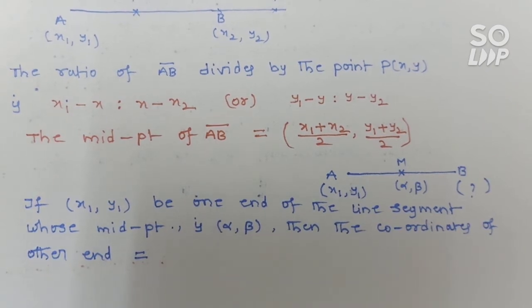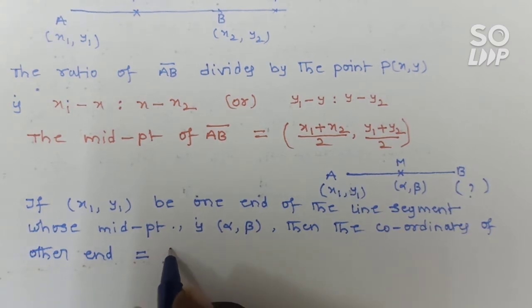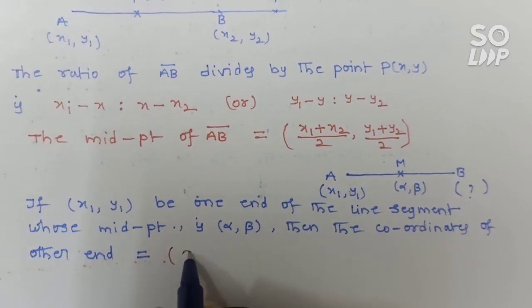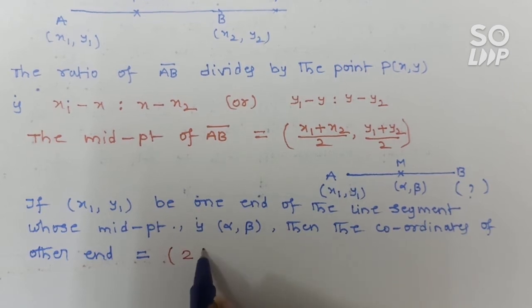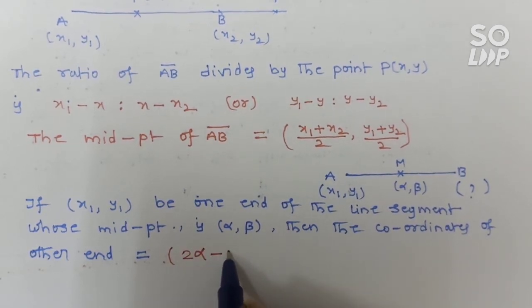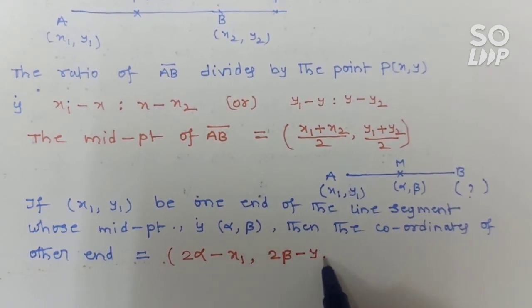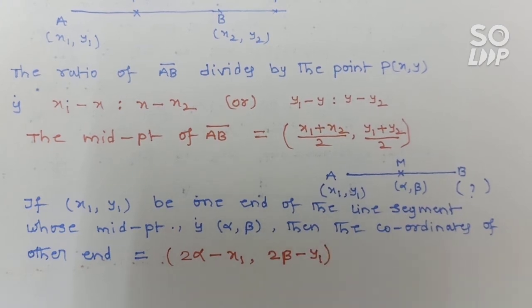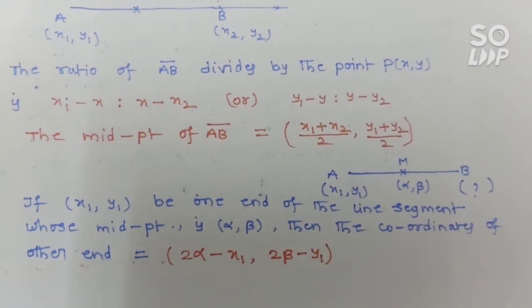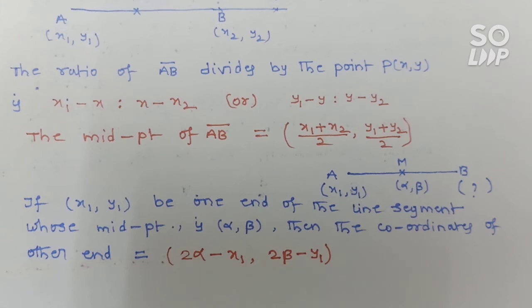That value will be equal to what? The coordinates of the other end will be 2 alpha minus x1 comma 2 beta minus y1. This is a very useful formula in the coming chapters in coordinate geometry. So please all of you try to remember this one.